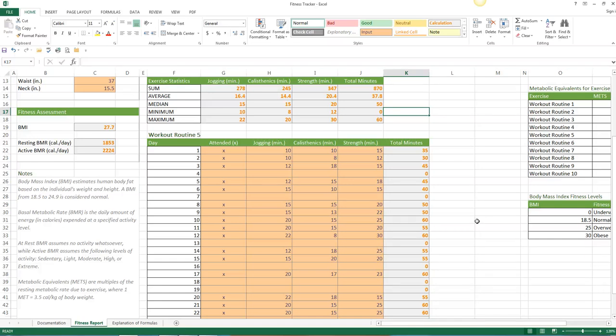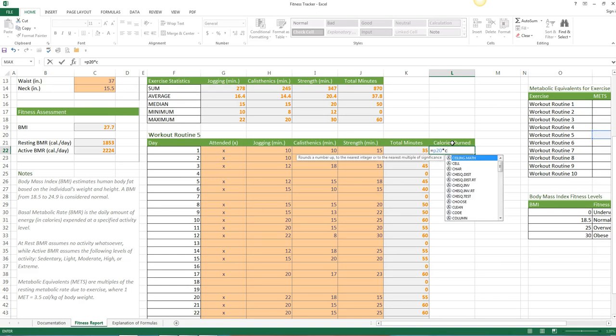Step number 1. In cell L21, enter Calories burned. In cell L22, enter the formula equals P20 times C11 times K22 divided by 125.7143.